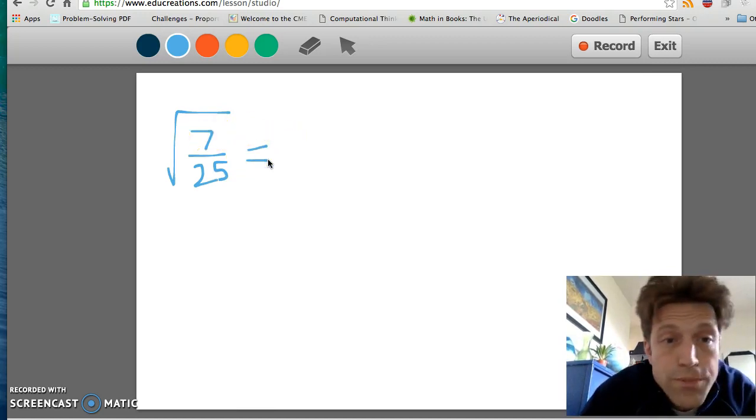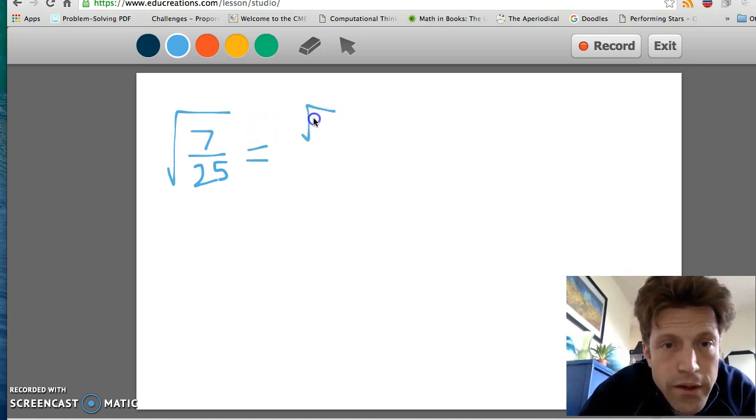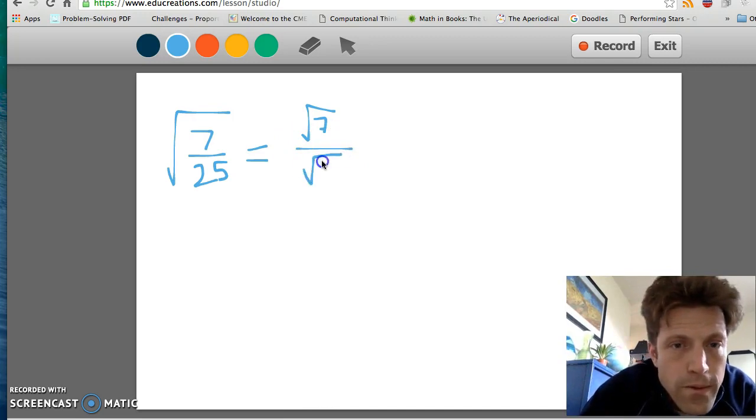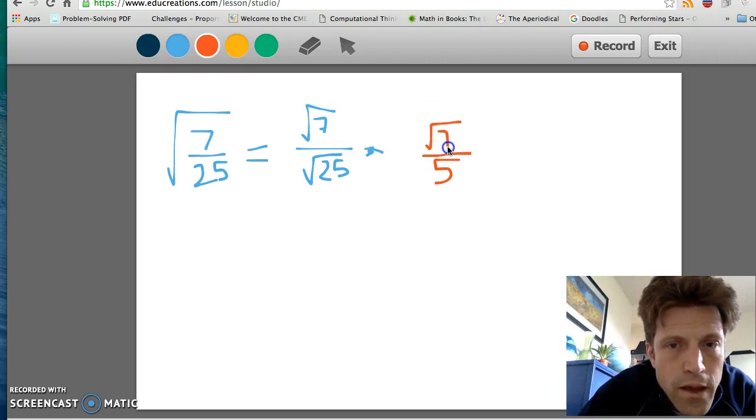So you can always pause the video and try it yourself. But basically I'm going to go, okay, that's the square root of 7 over square root of 25. Now I could multiply top and bottom by square root of 25, but that would be the long way of doing it. What's easier is just realizing, not multiplying it at all, but realizing that the square root of 25 is 5. So the denominator is already rational, and I've got this.